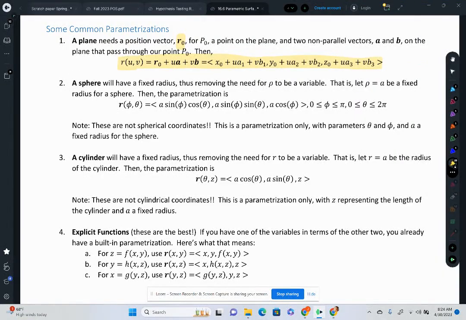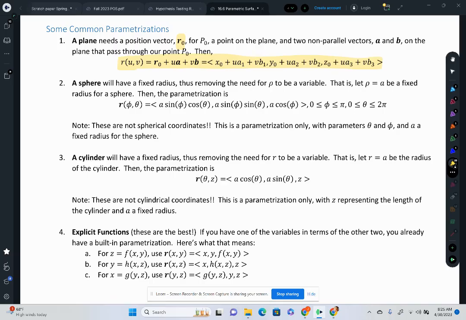Now notice that each component is a linear function of u and v. Remember, the x naught, the a1, the b1, those are all just numbers. And so what we've got is a linear representation in each of the variables. And altogether, those are going to give us points that are on a plane that has a point, p naught, and two non-parallel vectors, A and B.